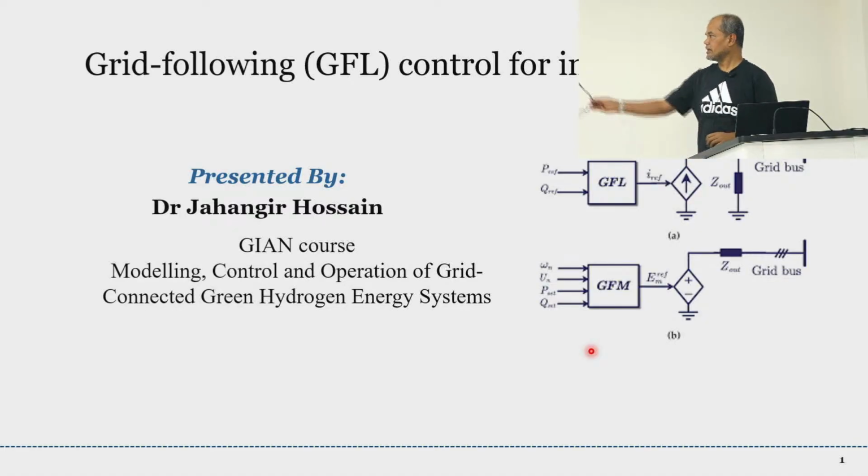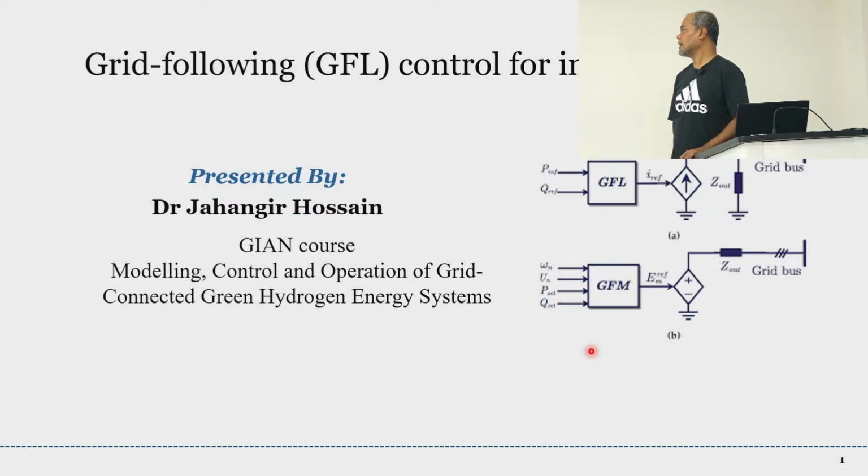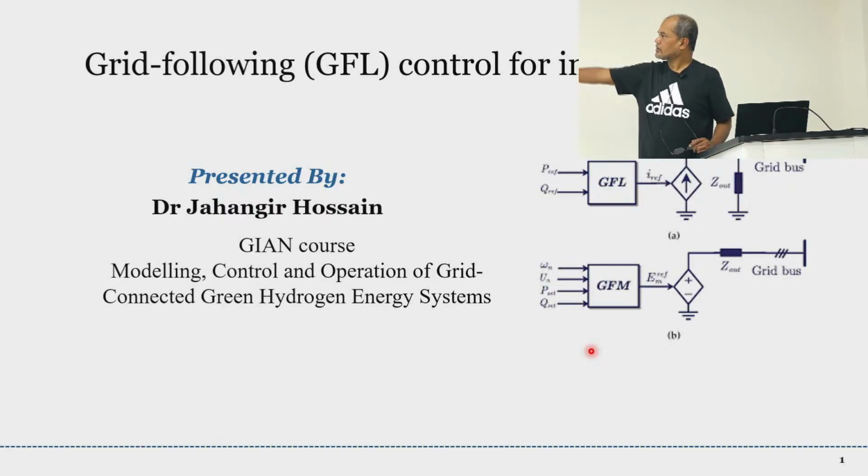Okay, but even if you see this simple diagram, we will understand the difference between grid following and grid forming, right? So when we have a big grid, and if your grid is strong, then normally the grid following inverter is more than enough, and whatever device you connect to the grid will not have any problem.